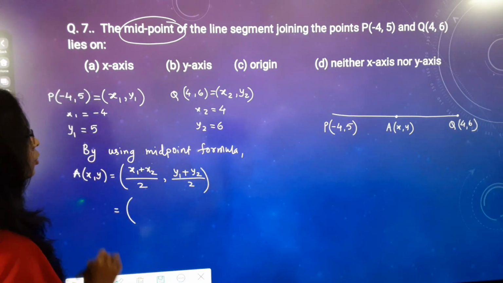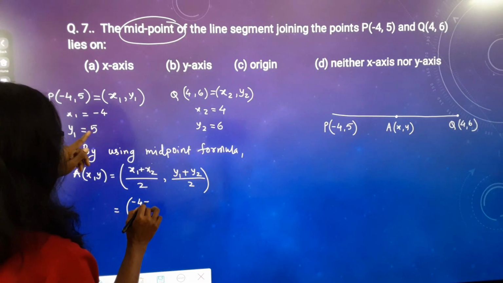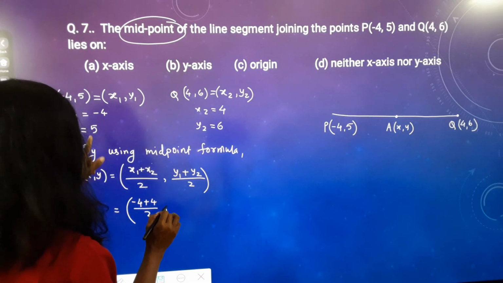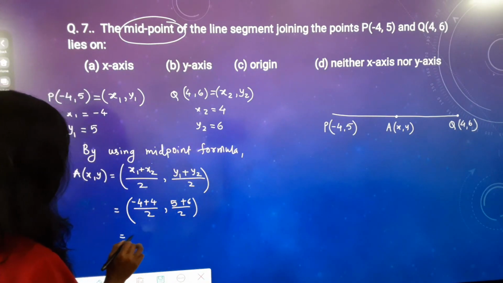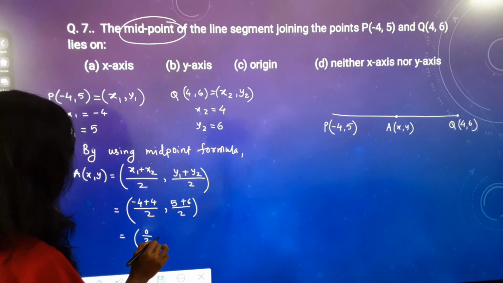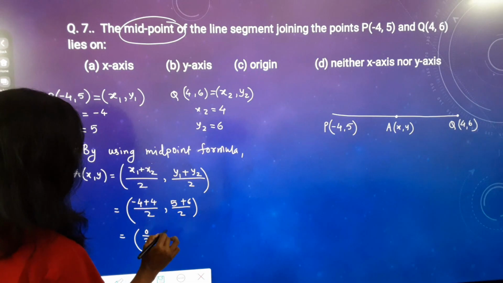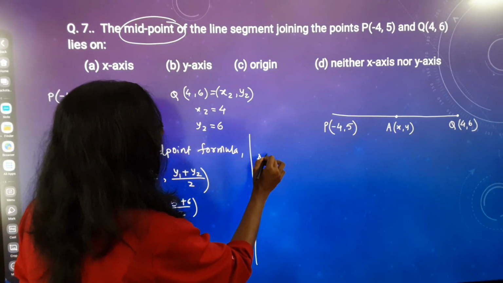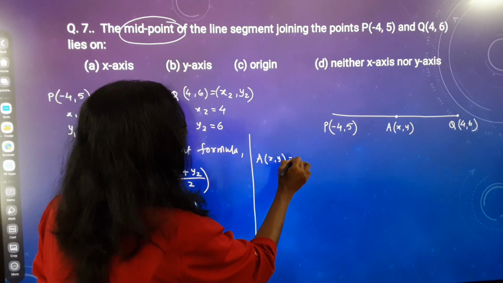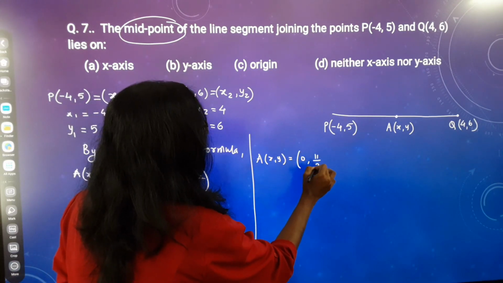Which is equal to (-4 plus 4) upon 2, and here (5 plus 6) upon 2. That means 0 upon 2 and here 11 upon 2. So A(x, y) is equal to (0, 11/2).